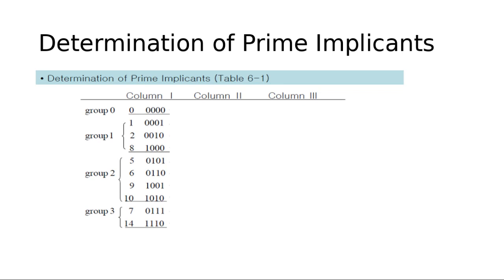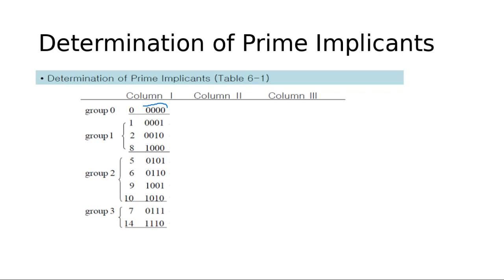let's see group 0. There is 0 0 0 0. You only combine with the next group or the previous group. You cannot combine with group 2, because there is already a 2-bit change. There are already two 1s and a 2-bit change, so you cannot group them.